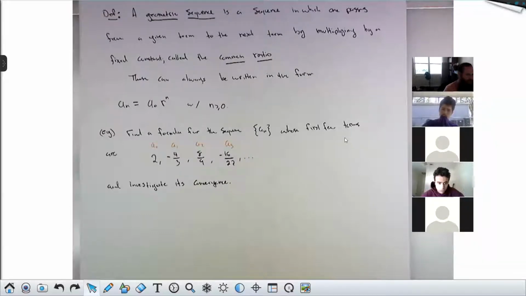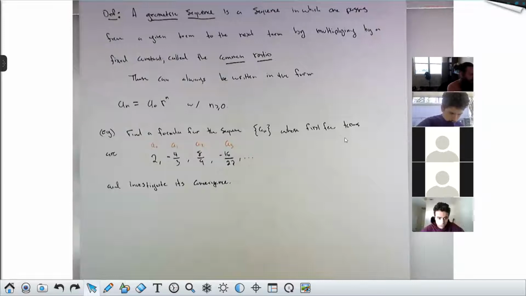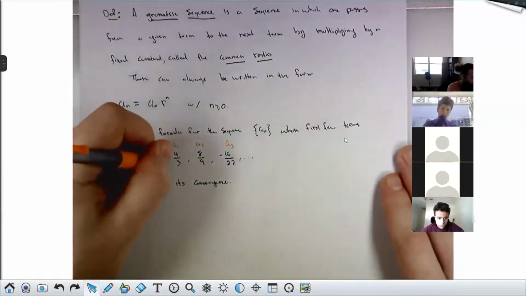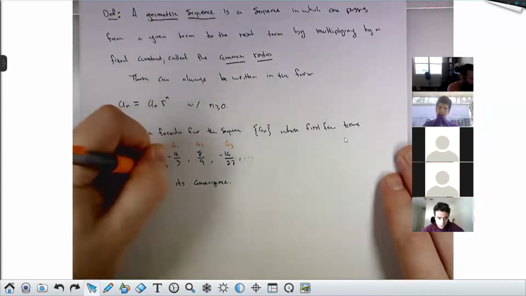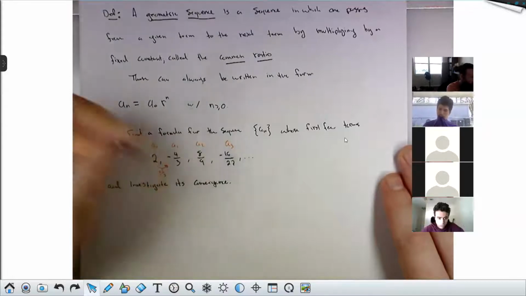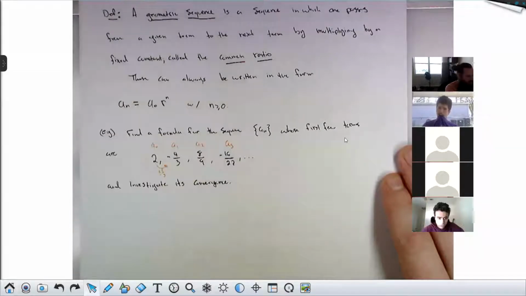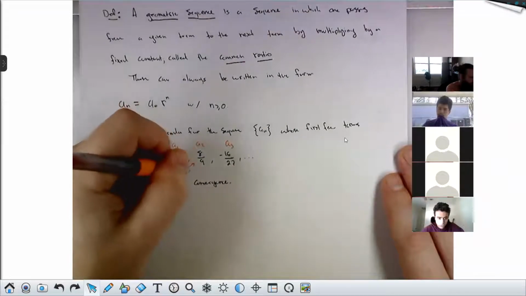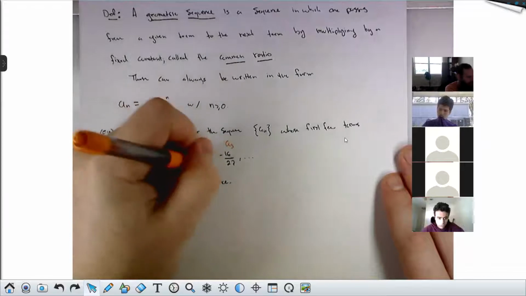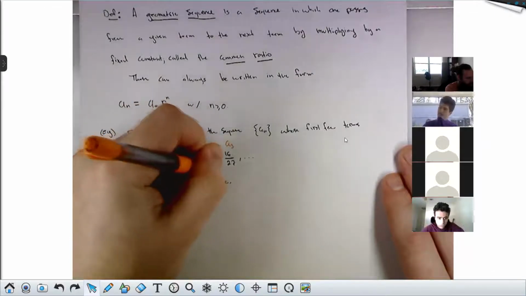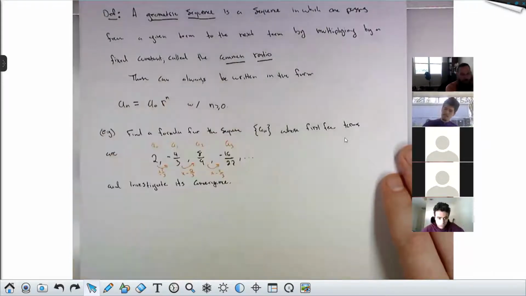What do you notice about going from A0 to A1, A1 to A2, A2 to A3? They're all multiplied by the same thing. Good. Yeah, we multiply by -2/3 to go from here to here, and by -2/3 to go from here to here, and again from here to here.